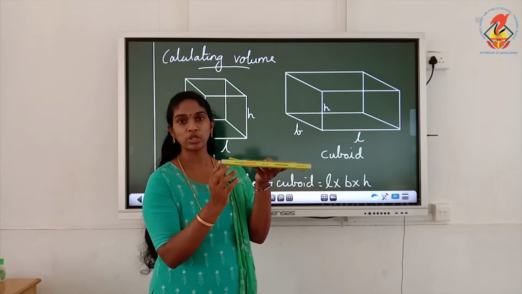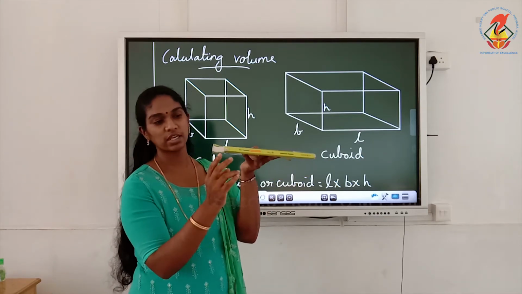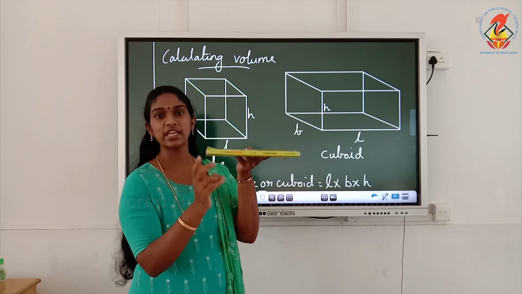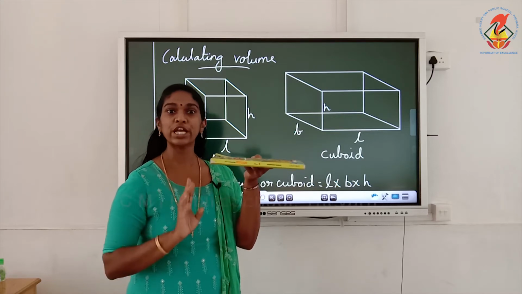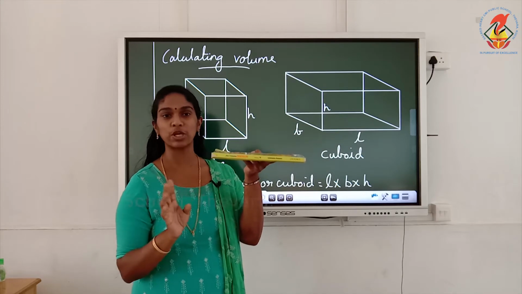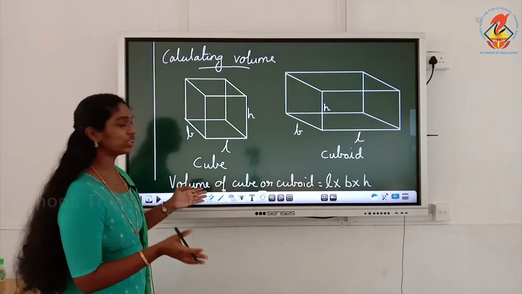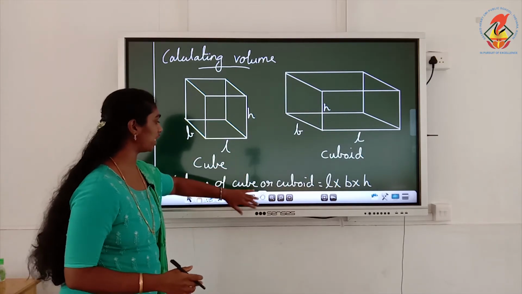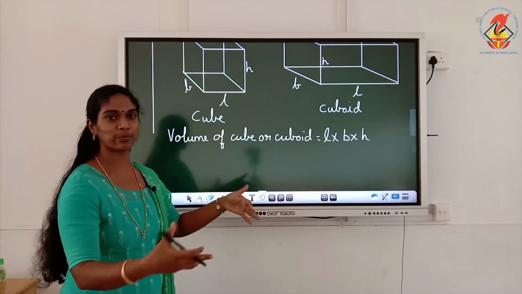So this is an example for a cuboid. This is the length, this is the breadth and this is the height. When the length, breadth and the height become equal, it becomes a cube. So for both cases, whether it is a cube or a cuboid, the formula for finding the volume is just to multiply the length, breadth and height.